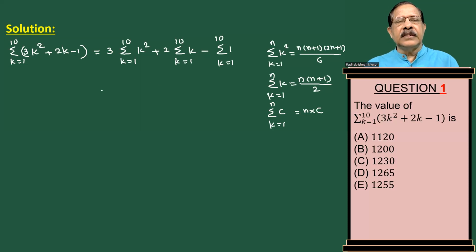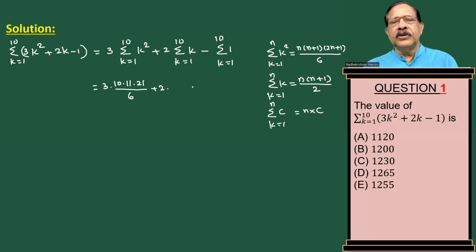So when we use this over here, the first term is 3 into, put n equal to 10, 10 into 10 plus 1, that is 11, into 2 into 10, 20 plus 1, 21, divided by 6, plus 2 into n into n plus 1 by 2.